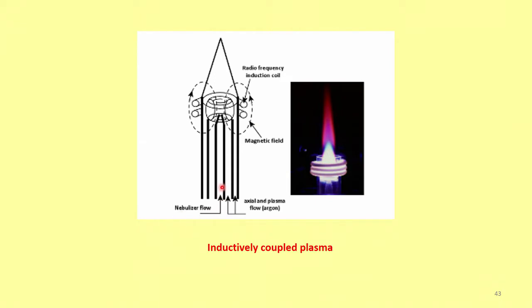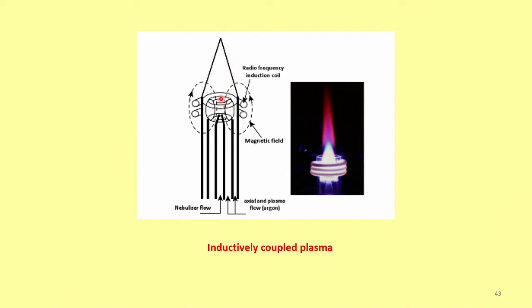This is the nebulizer flow, that is the sample in the innermost circle, and in the circle outside there is axial flow of the argon, and these are the magnetic field, radio frequency induction coil. Then there will be a plasma here.